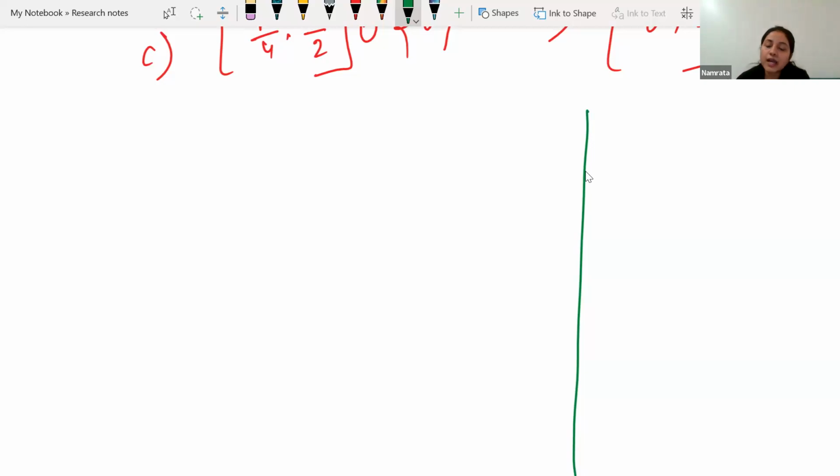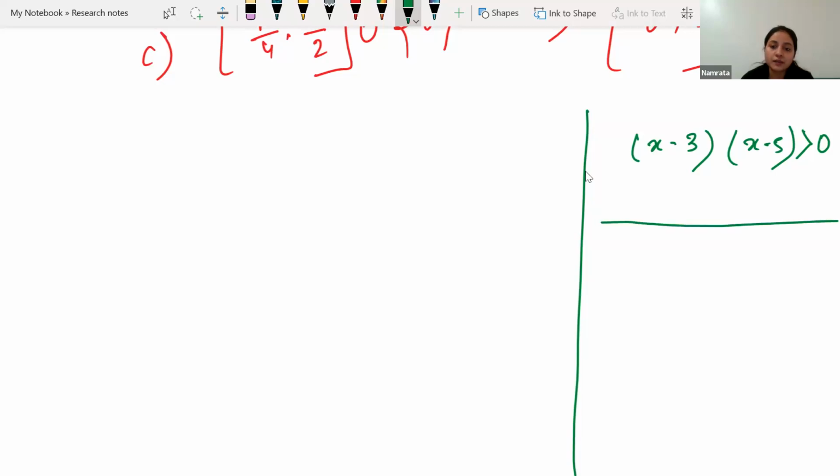Okay, so whenever we are having an expression like x minus 3 in one bracket and x minus 5 in another bracket, and if that inequality, not equation, inequality, is greater than or equal to 0, we have to find the range in which x will be lying. So how will we find that? We have to draw a real line, which consists of negative infinity to positive infinity.